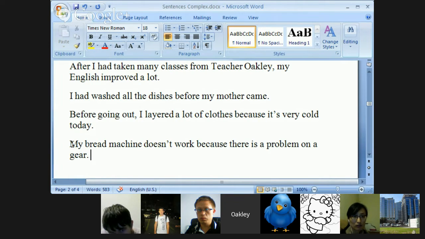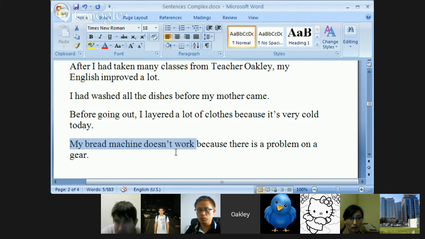Okay, my bread machine doesn't work. Well, there's your independent clause, right? Obviously, because we've begun with a subordinator, because there is a problem. I only have one small problem with this sentence, and that is the preposition on. It's not on a gear, meaning on top of.